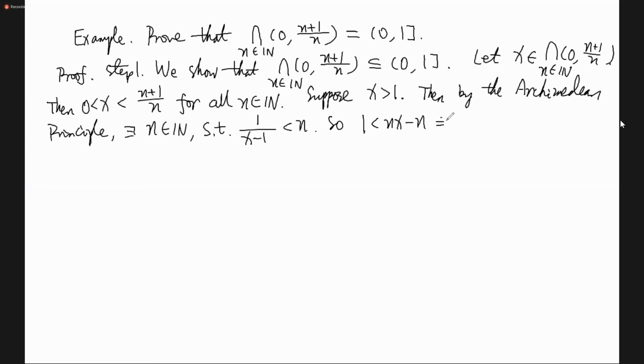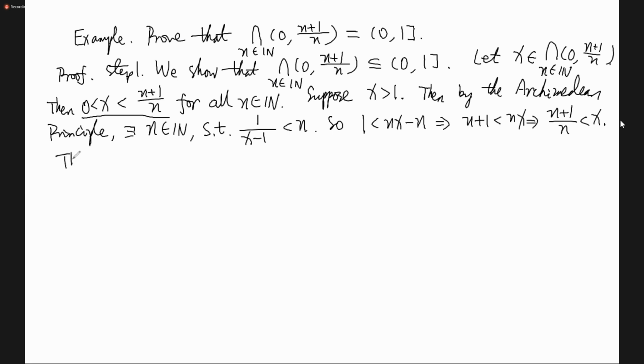Okay, so this implies when we do a computation, we know that n plus 1 is less than nx, and you divide by n, you get (n+1)/n would be less than x. But this is a contradiction because you know that x is less than (n+1)/n for every n.